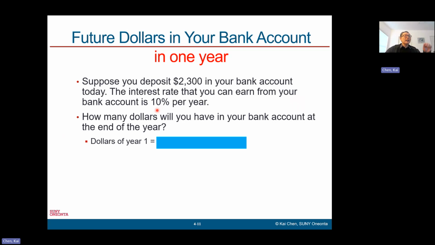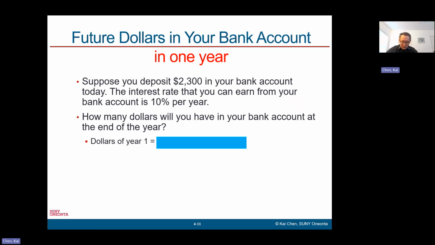And you believe at the end of the year, the dollars in your bank account would be higher than the dollars at the beginning by 10%. Then we're going to find out the ending value, or the dollars in your bank account at the end of the year. Of course, we can use the formula.